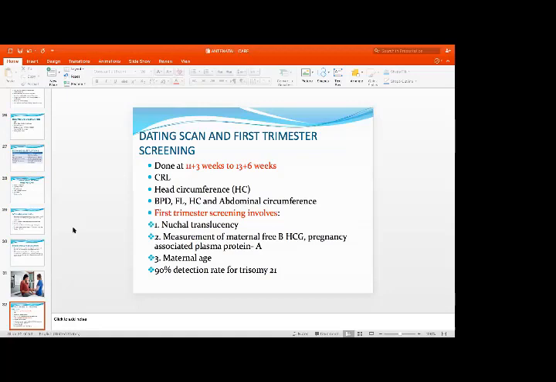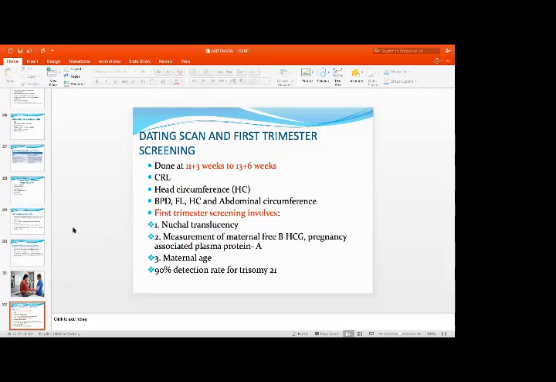So first trimester screening involves nuchal translucency, that is thickness of the nuchal region, measurement of the maternal free beta HCG, and pregnancy associated plasma protein A. Maternal age is also included in the first trimester screening; if she is 40 or above 40 years of age, then she is high risk.